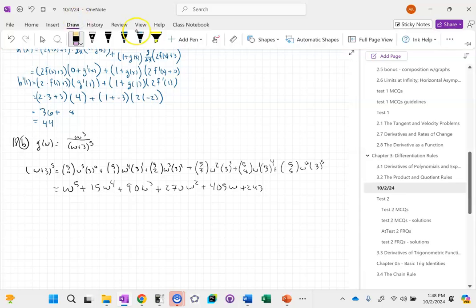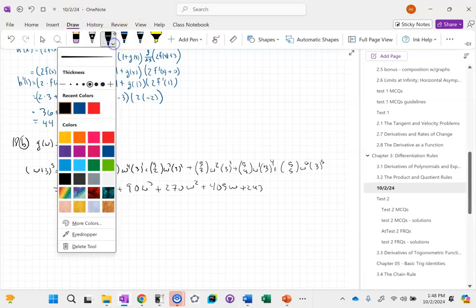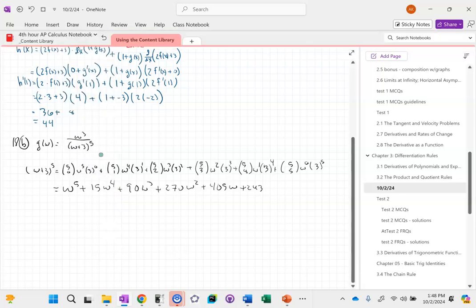All right. Because of the size of this problem, I'm going to call this top part f of x, and this part h of x. I'm going to calculate the derivative of f and then the derivative of h. So I have something like that, right?